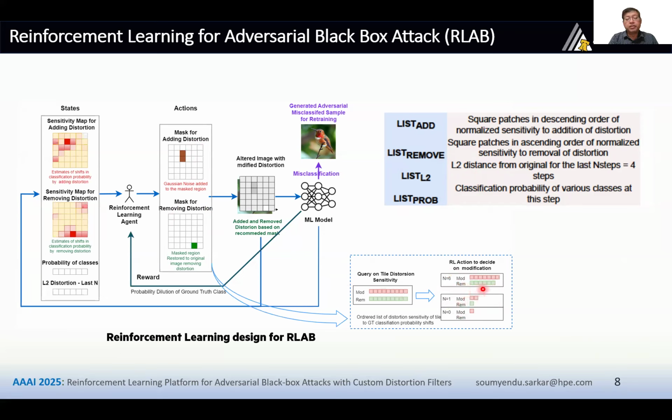And we keep the number of blocks from which distortion is removed one less, so that the agent converges fast enough. However, when distortion is removed from previous moves, on certain steps, L2 can actually go down a little bit.